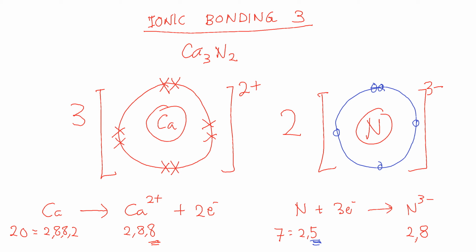Having done that, the nitrogen atom will now receive 3 more electrons from the calcium. This time round, we draw the crosses to denote that they came from the calcium atom, and this will be the final answer.